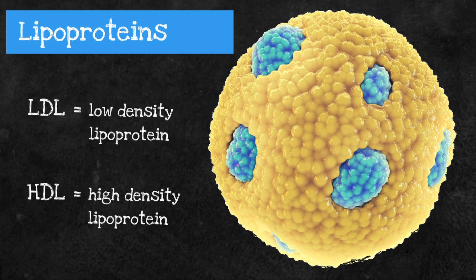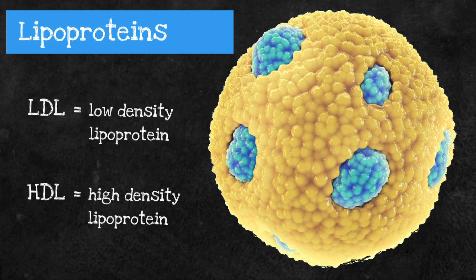So if I'm looking at the model right, we've got this yellow fat base, and then we have these proteins embedded in the surface. That's right. These lipoproteins are a core of fatty molecules with proteins wrapped or studded or embedded around them to improve their water solubility.